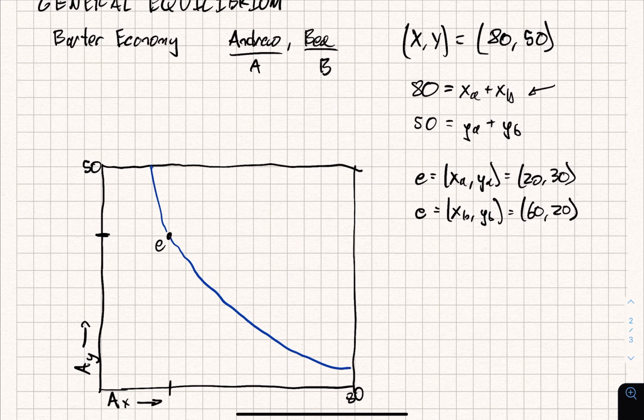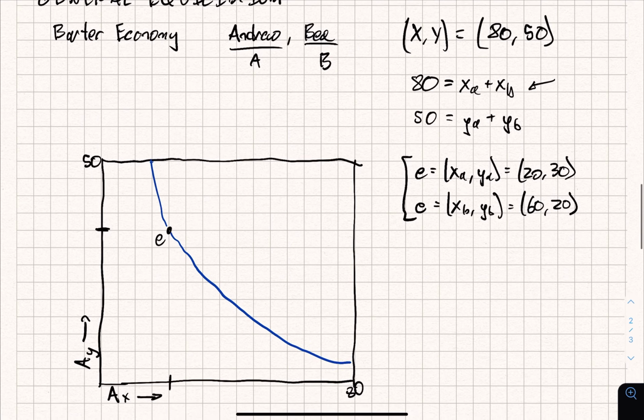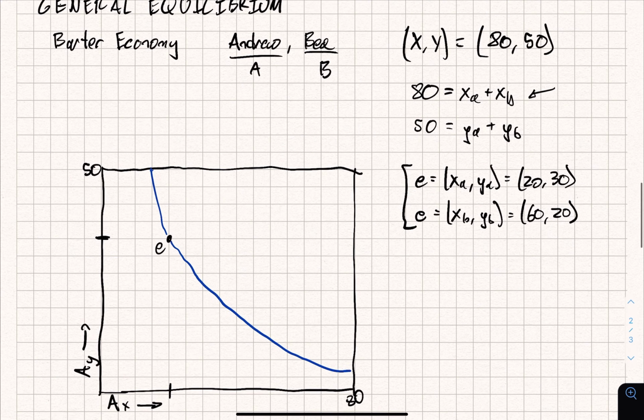Okay, so the trick here, and I would say part of the conceptual difficulty with Edgeworth boxes, is the fact that we're defining two individuals on one graph. The reason we can do this is because we have this relationship: Bea's allocation is fully defined by Andrew's allocation.